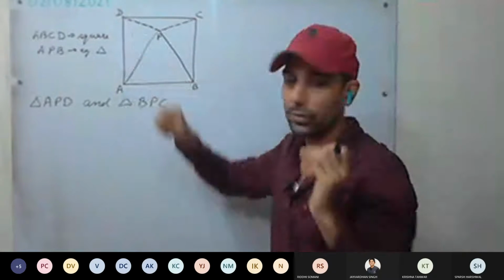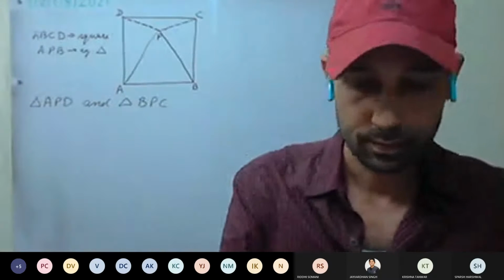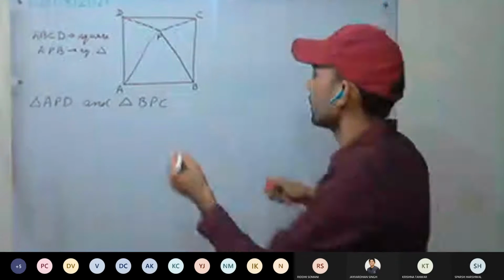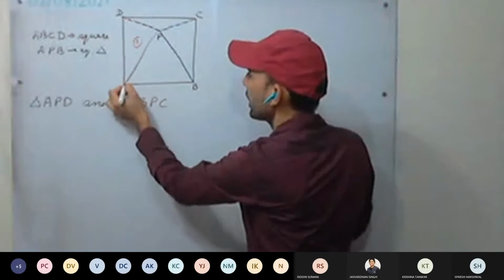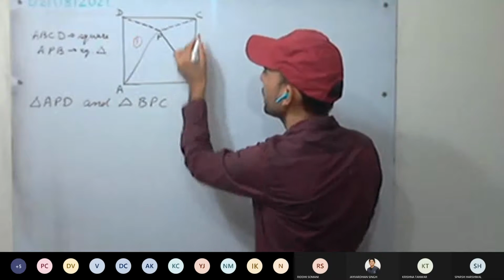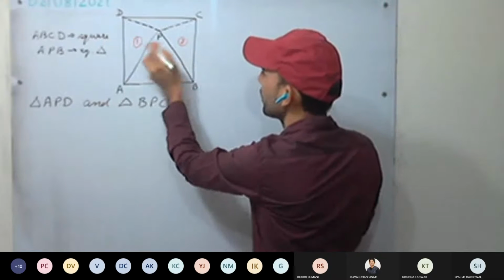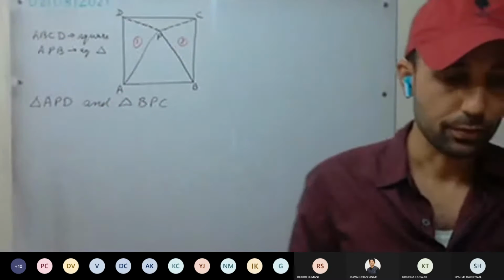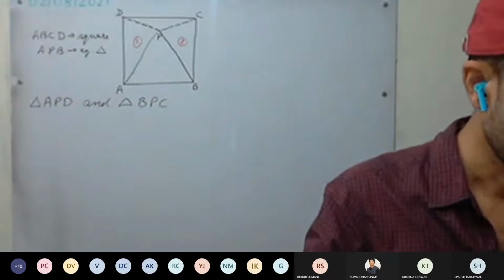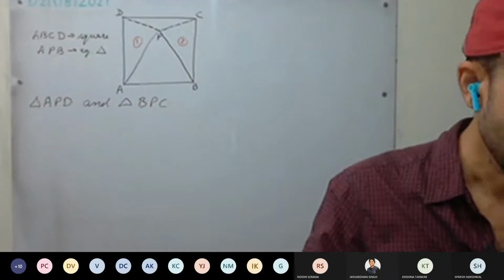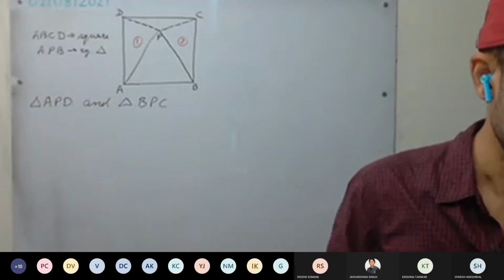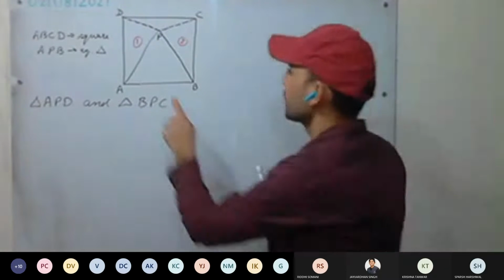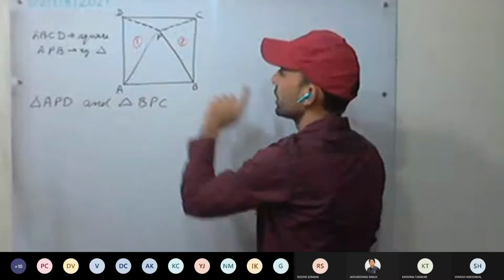APD is our first triangle, and BPC is the second triangle. We have to prove these two triangles are congruent. So how can you prove it?